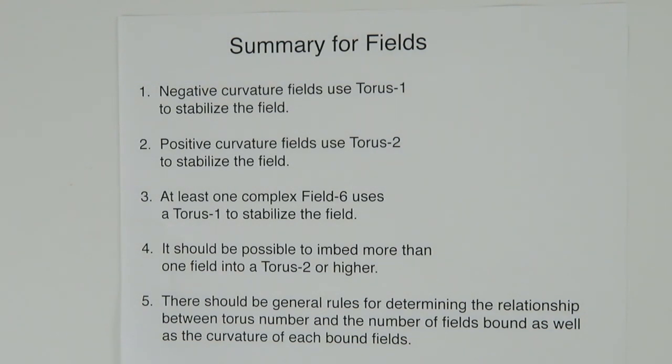I've developed a complex 5 field, but not built the embedded structure yet. It should be possible to embed more than one field into a perhaps torus 2 or larger structure. I've not done that. There should be general rules for determining the relationship between the torus number and the number of fields that can be bound, as well as the curvature of each of those fields. That's something that lies in the future.